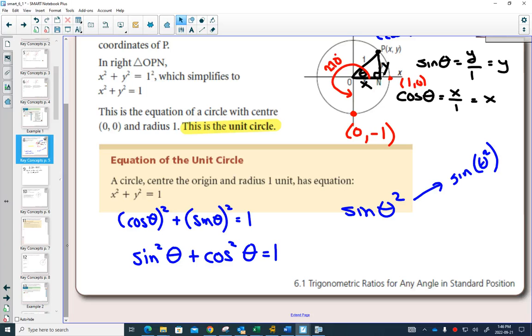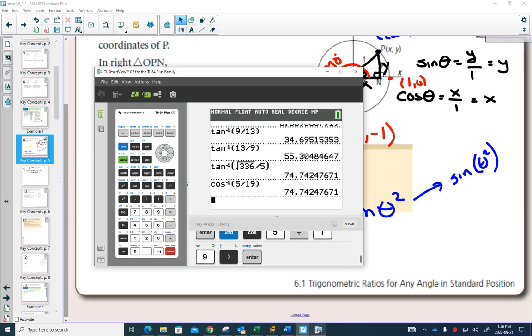You can try. Like, non-mental math. Sine of 13.